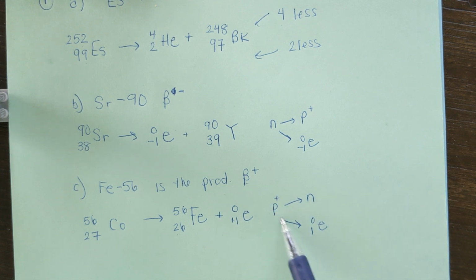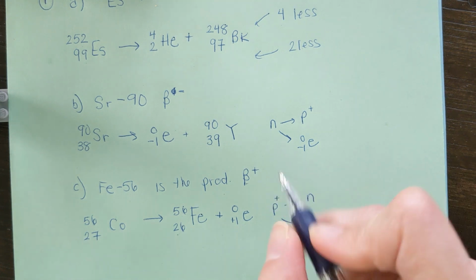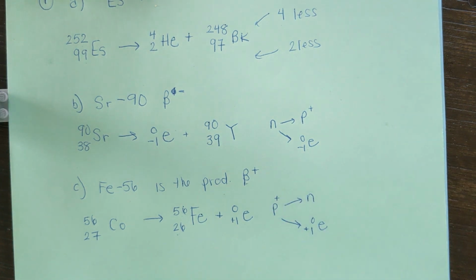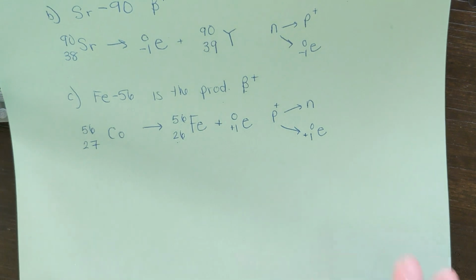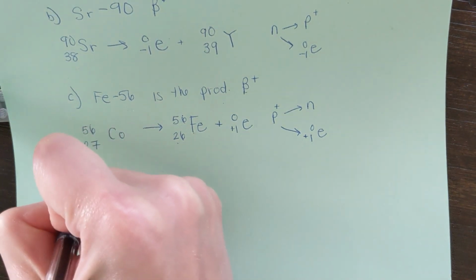If we're turning it into a neutron, we have to have a way to carry out the positive charge, and that is where the positron comes in. But again, we're not changing the total number of particles in the nucleus of the atom. That's why the mass numbers don't change. We're just turning a proton into a neutron or a neutron into a proton, depending on which type of decay we have.